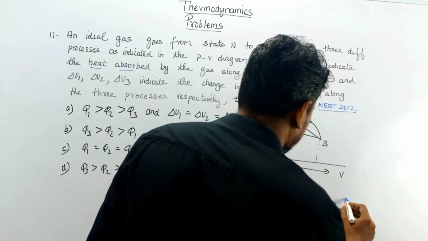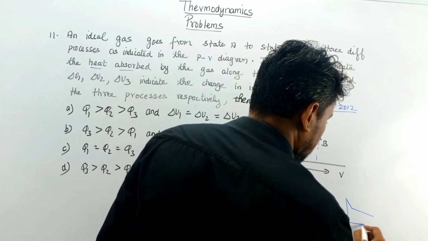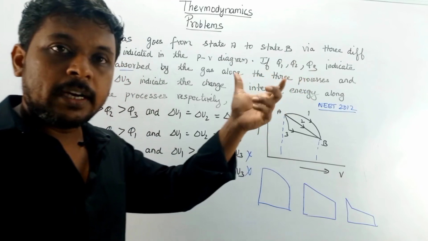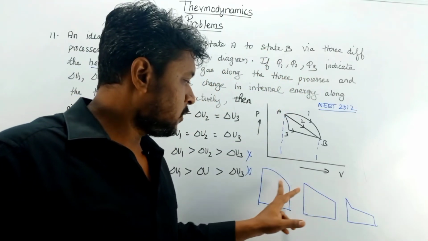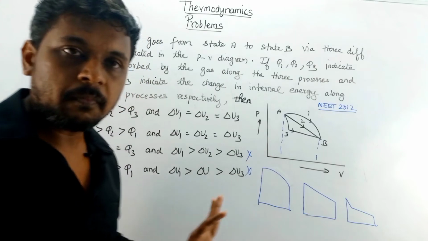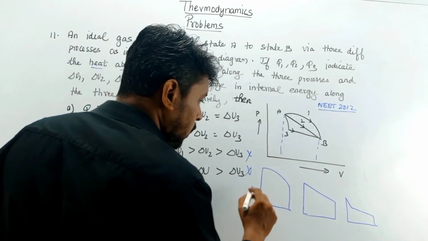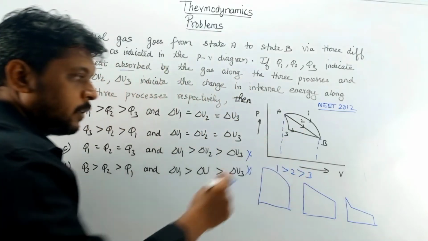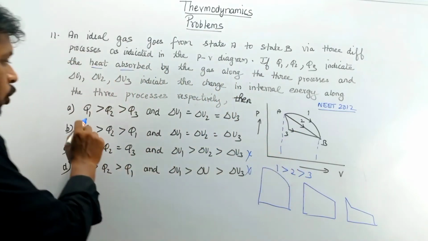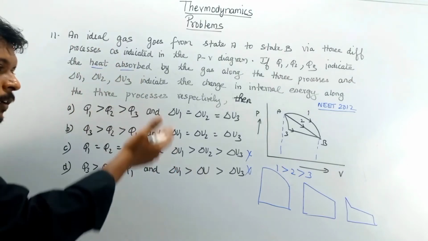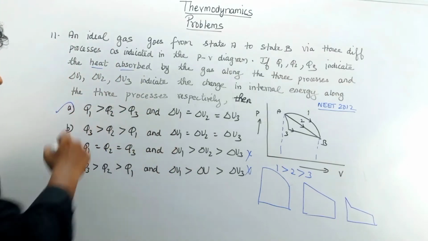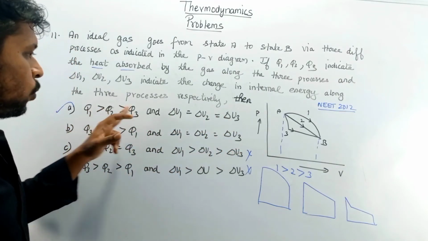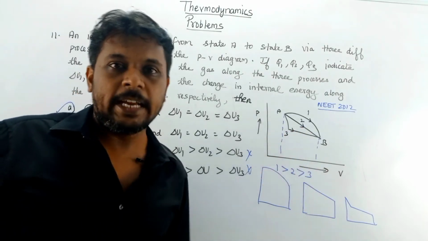From the diagrams, the work done in 1 is more, 2 is less than 1, and 3 is less than 2. So Q1 is more, then Q2, then Q3. Option A is the right answer, because the internal energies are the same and the order of heat absorbed will be 1, 2 and 3 with respect to the given diagram.